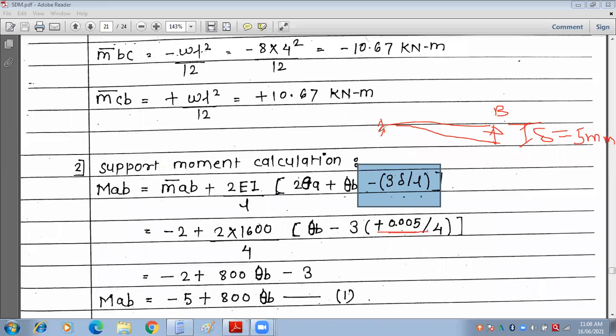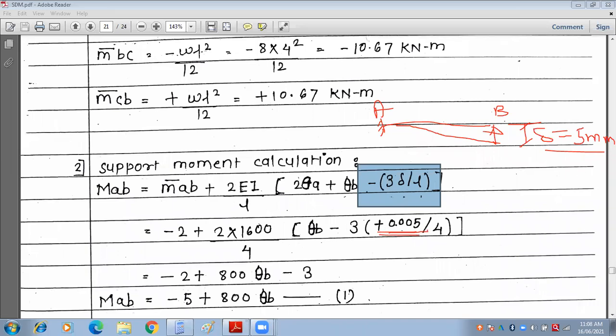If support A, the left side support, sinks down, in that condition we have to utilize minus delta. But here, for the span AB, support B is to the right side. That's why the delta value is taken as positive. Therefore, this value is taken as positive over here. Convert this value into meter.